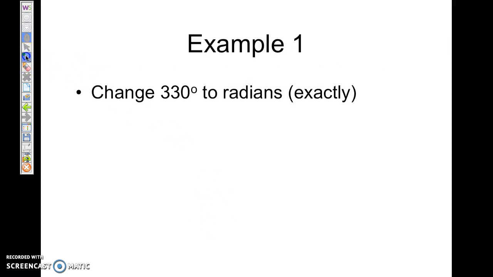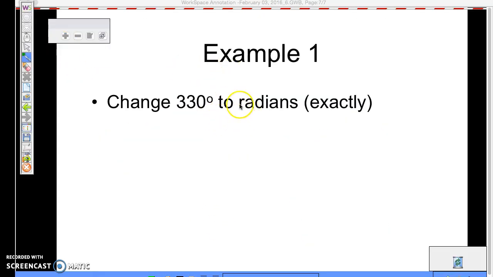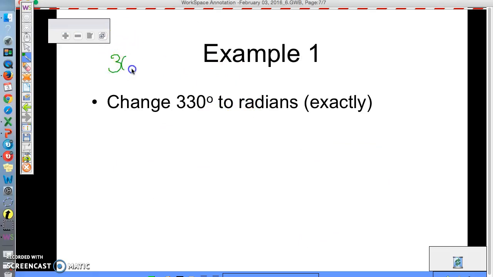So if we needed to change this exactly to radians, if we know 30 is equal to pi over 6, 45 is equal to pi over 4, 60 is equal to pi over 3, well, 330 degrees, that's the same as 30 times 11.